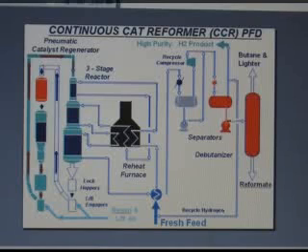And it's kind of an FCC version for a reformer, you know, the ability to continuously circulate your catalyst and regenerate it online. And so basically it works the same way. You got to heat it up and everything, but it'll go through a 3-stage reactor. The catalyst is moved.